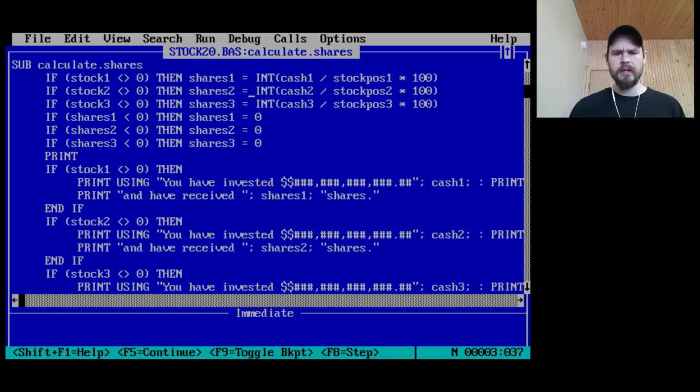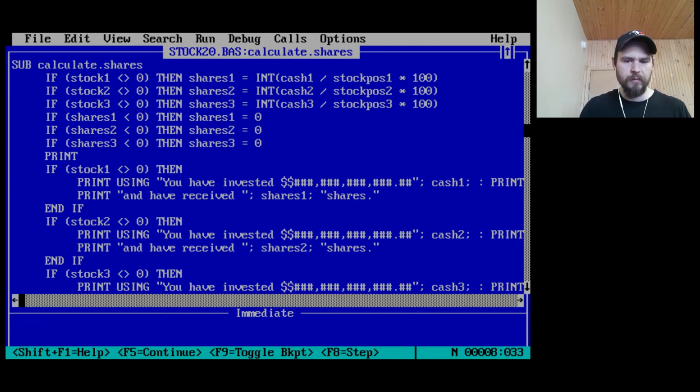So this is a formula to convert cash into shares based on the position of the stock. If shares 1 is less than 0, then shares 1 equals 0. Obviously, okay, because if the position of the stock is negative, this whole thing is going to be negative, and then I'm going to have negative shares. So this just forces my shares to not be negative.